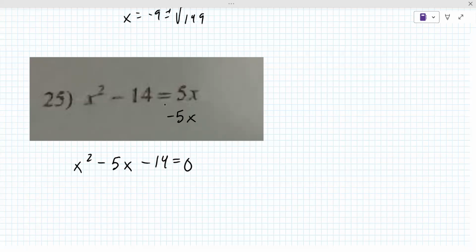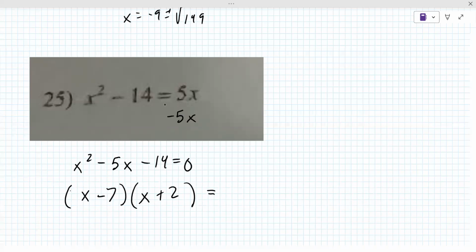So two numbers that multiply to minus 14, but add to minus 5. x minus 7 and x plus 2.